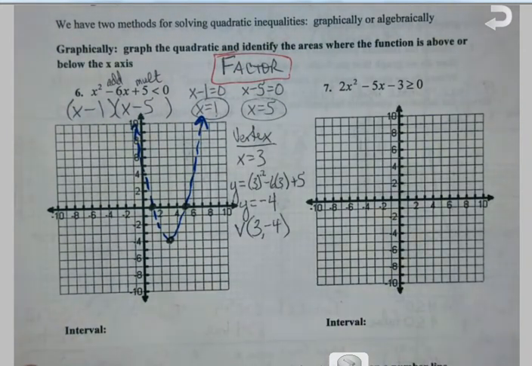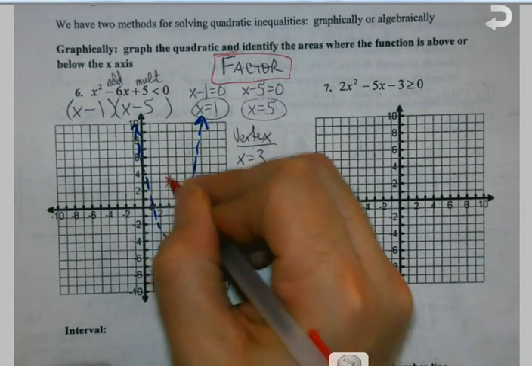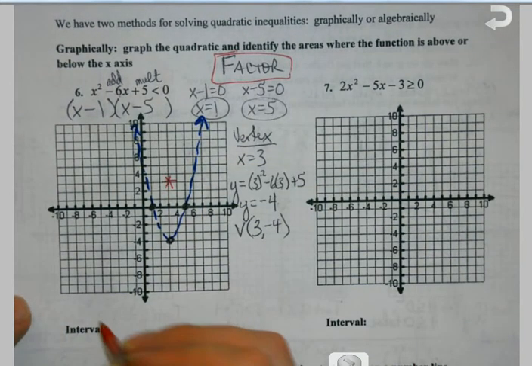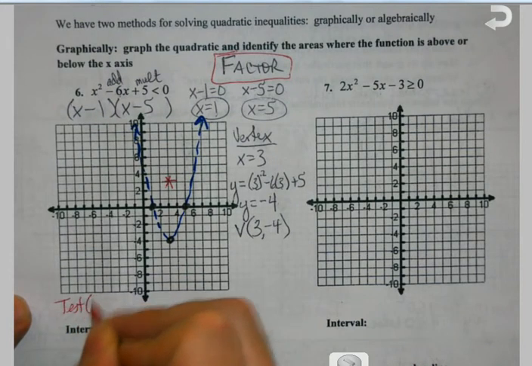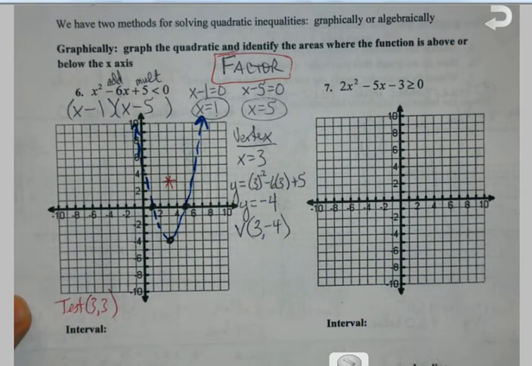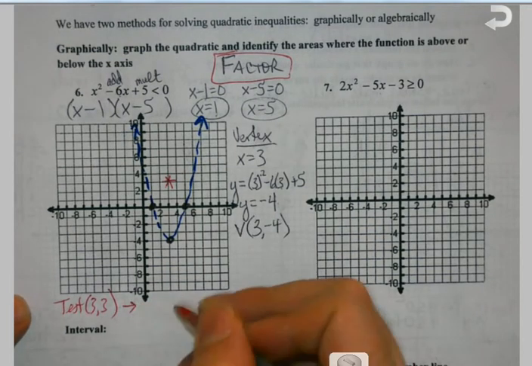Suggestions? 3, 3. That's a good way to do this because I don't have to worry about what I'm plugging in. Now you're looking at that, you're going, well, wait a minute. If I'm testing 3, 3, there's nowhere to plug a y value in. How's this work? I'm only plugging in for x now. Since there's no y, I only plug in for x. Same thing, if there's no x there, you just plug in for y.